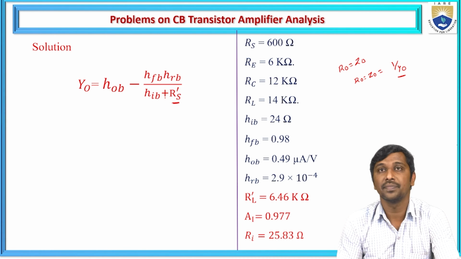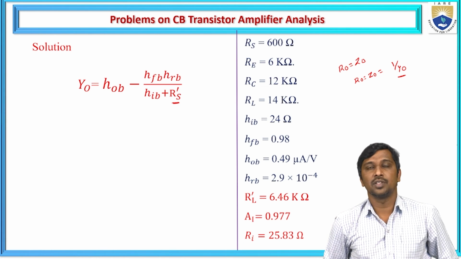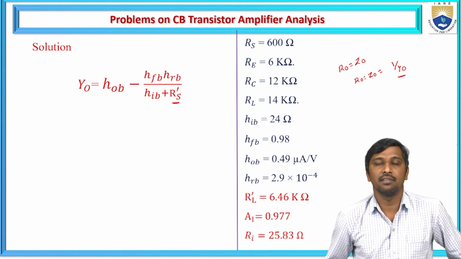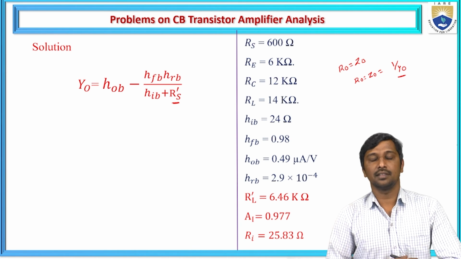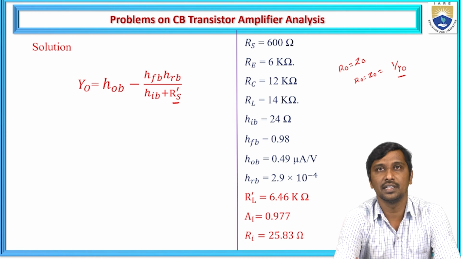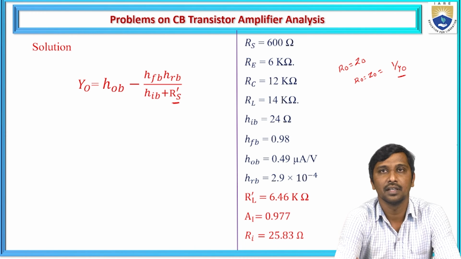Actually, in the previous problem we observed only the RI, but here we need to consider R dash S. If you observe the given figure, the input side emitter is biased with RE resistance and it is also connected with a source resistance, that is RS.